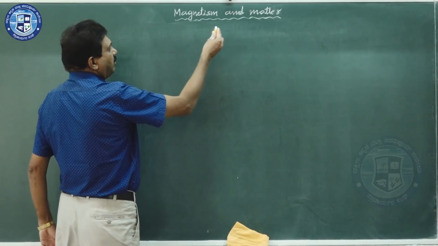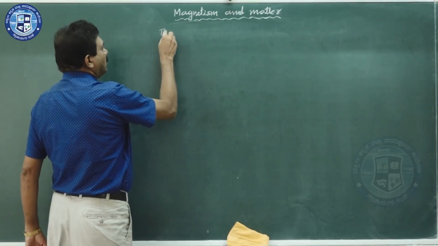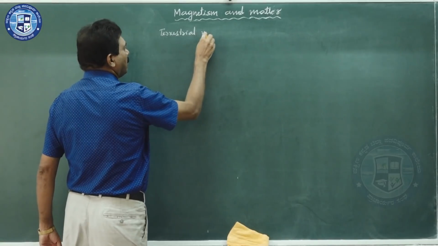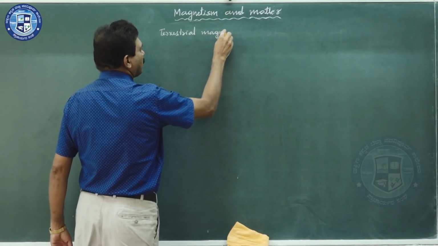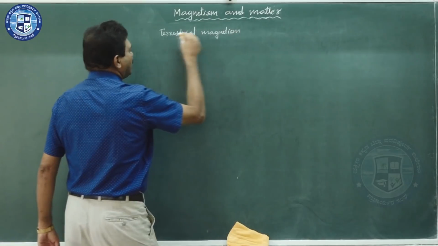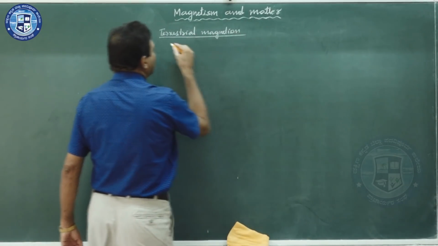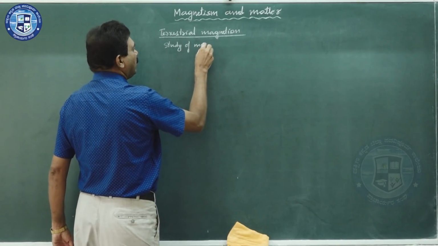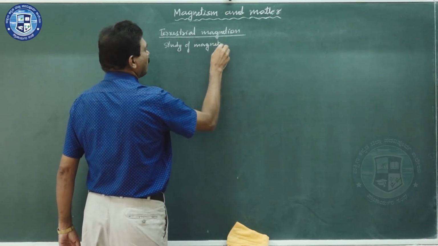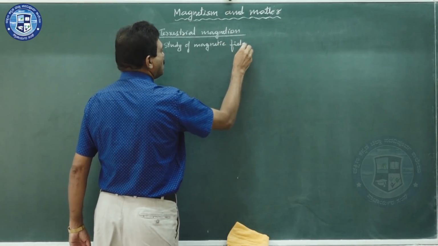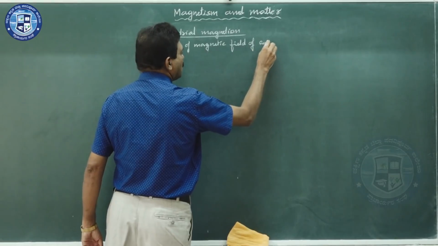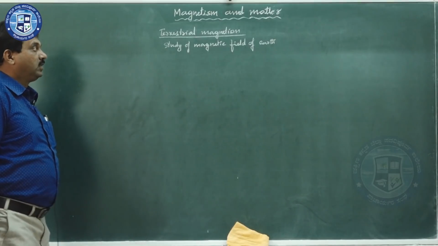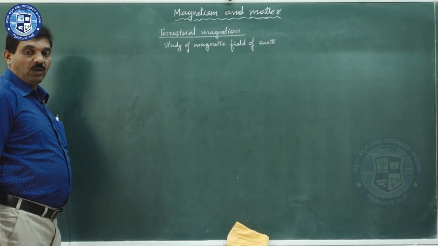Now, in magnetism and matter, we are going to take the second part, terrestrial magnetism. Terrestrial magnetism is the study of the magnetic field of earth.